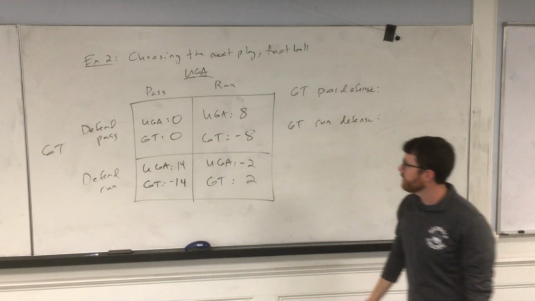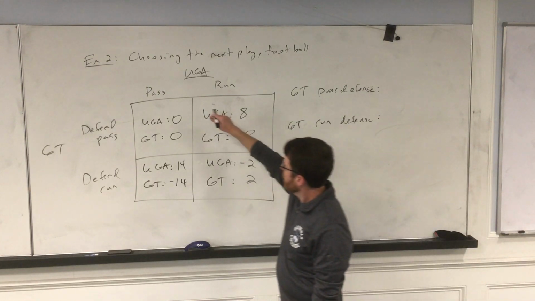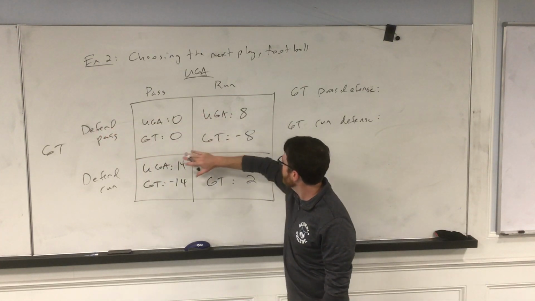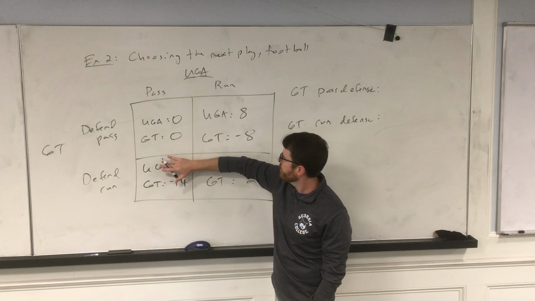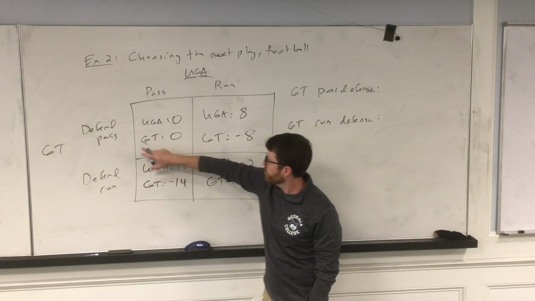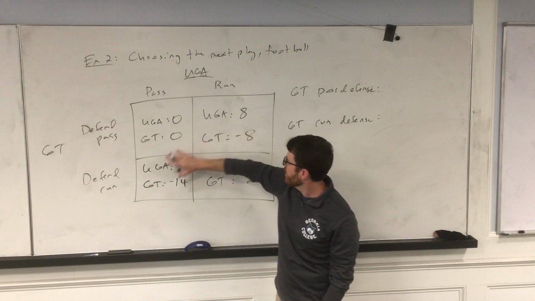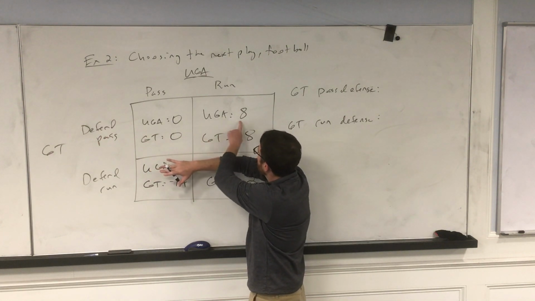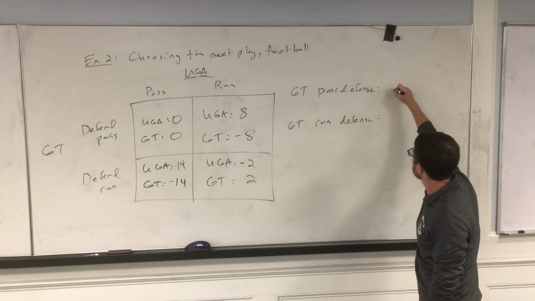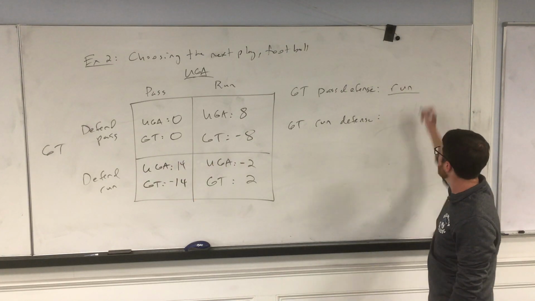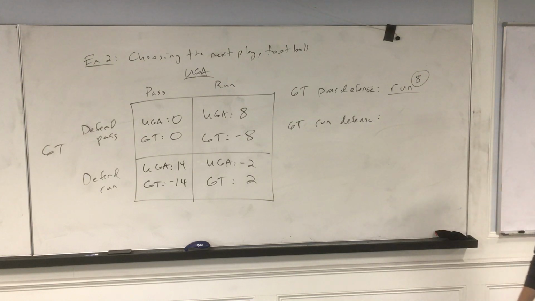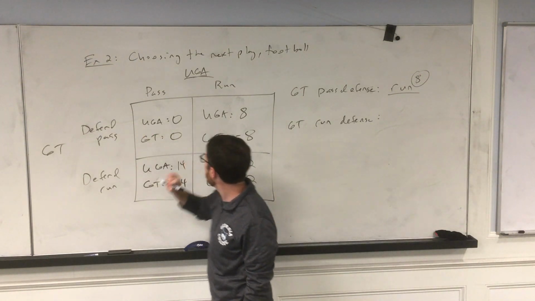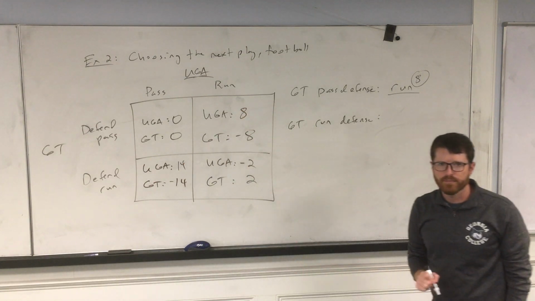So let's think about these scenarios here. If Georgia Tech does a pass defense here, what would UGA be better off doing? All right, this would be their choices. So Georgia would want to run, and they would thus get 8 yards from that play. Okay? So if Georgia Tech does a pass defense, Georgia should run.